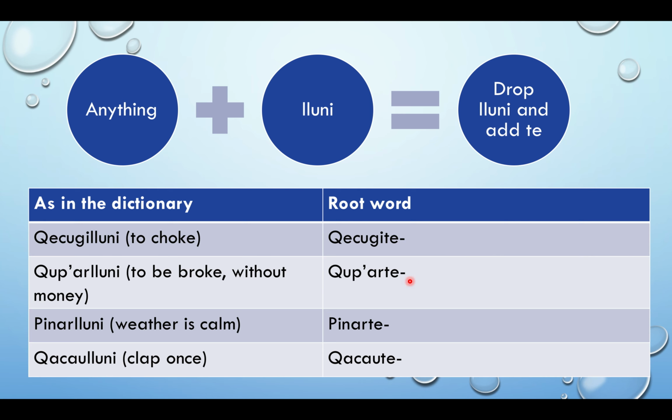Kupachluni, and the root word's kupacht. And pinachluni, pinacht. Kacholuni, kachot. So again, all we do is drop the lluni in its entirety, all of the L's and everything, and then add te to the end.